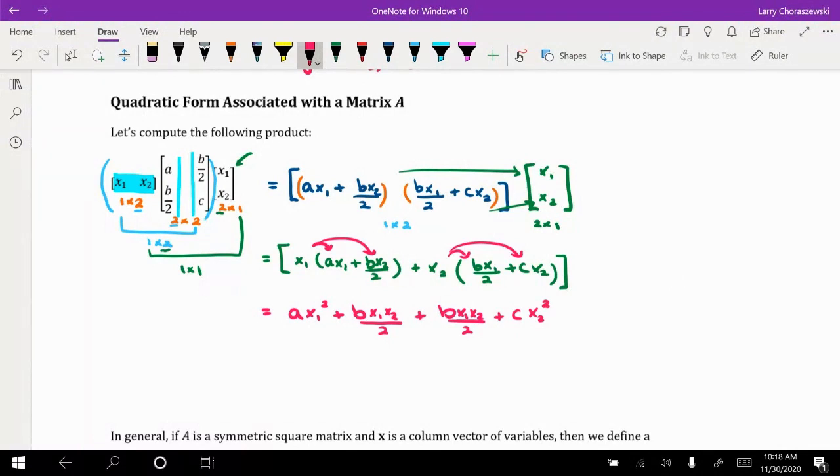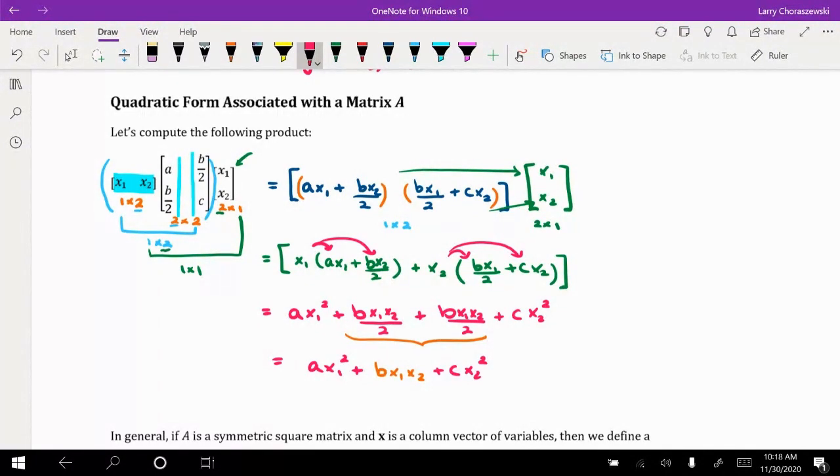So we start to get some square terms here, and we actually have a couple of like terms, and that would be the two middle terms involved. If you add those together, you get the following: b x sub 1 x sub 2, and of course you can carry down the rest. So ax sub 1 squared plus that bx sub 1 x sub 2 plus c x sub 2 squared.